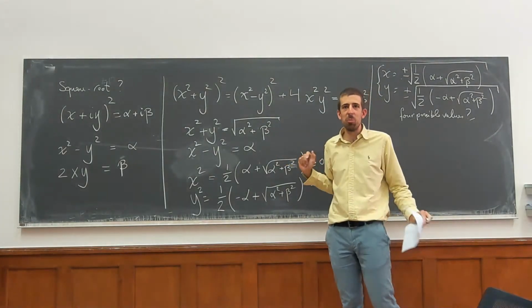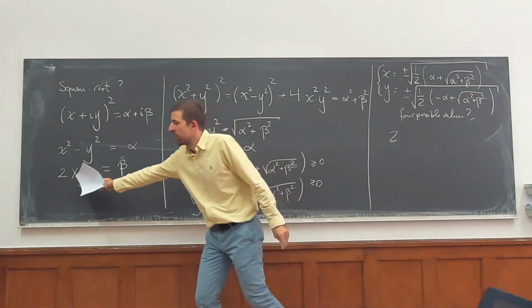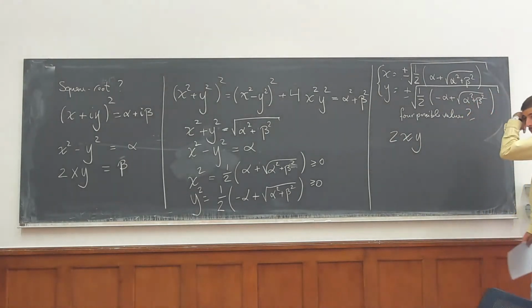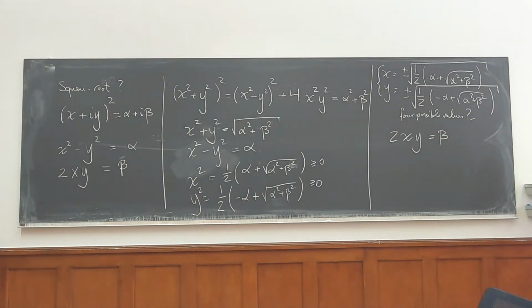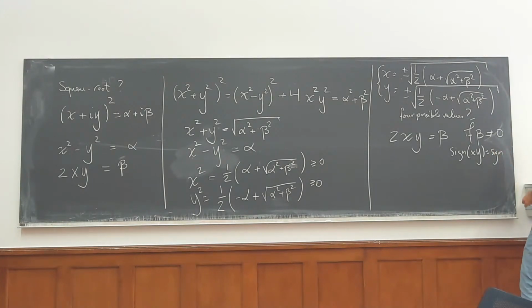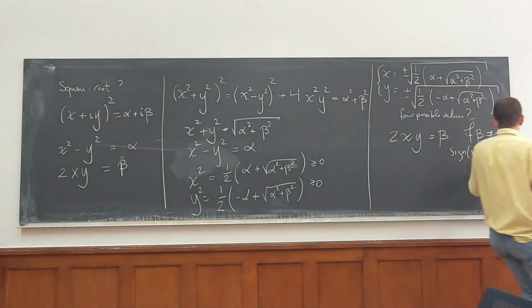These were just one-way implications, and in particular, we have this equation here. If beta is not 0, then the sign of x times y needs to be the sign of beta. By sign, I just mean being positive or negative.